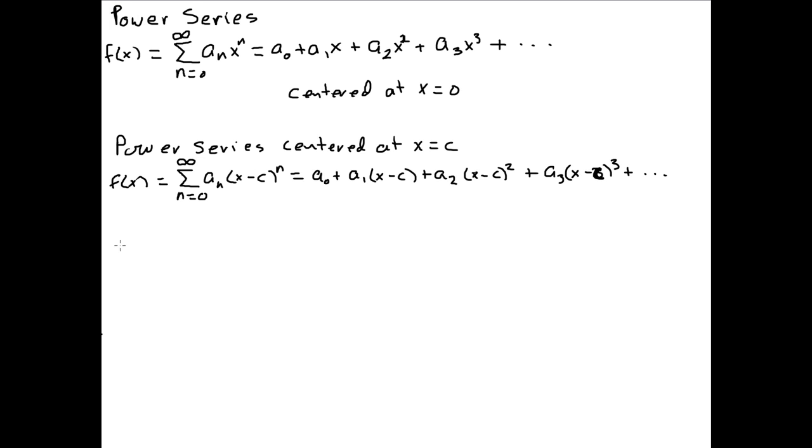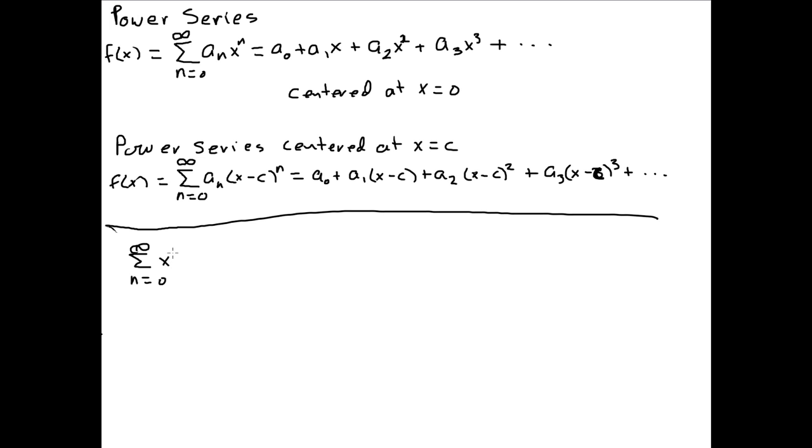Let's investigate this power series and its characteristics, some of which I've mentioned already. We have the summation n equals 0 to infinity of x to the n, and once again, this is a geometric series where in this case a equals 1, and the r, the ratio that we're multiplying by, is x.